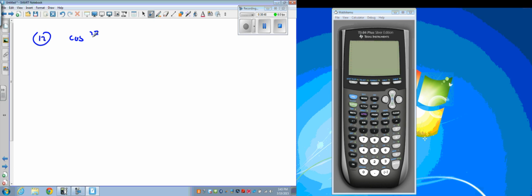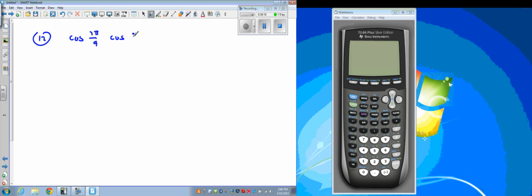Can you add any square roots together? No, never. If they're the same square root, then you can go 2 times it. If you got the square root of 6 plus the square root of 6, then it's 2 times the square root of 6, because there's 2 of them.